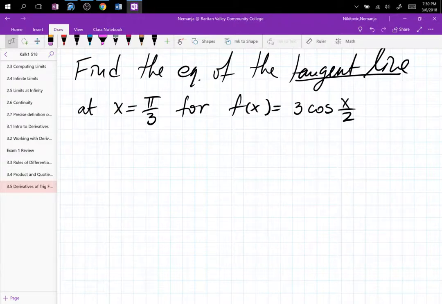Remember the same procedure. Take the derivative, plug in pi over 3, get your slope. Plug in pi over 3 in the function as is, get your y. Use all of the values to get the equation. It's 1, 2, 3.